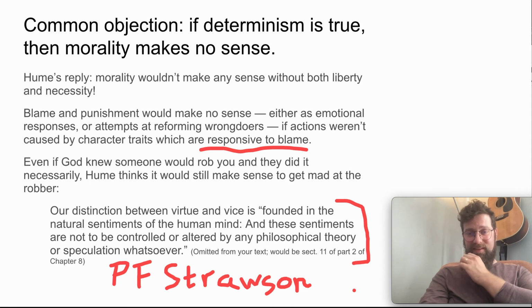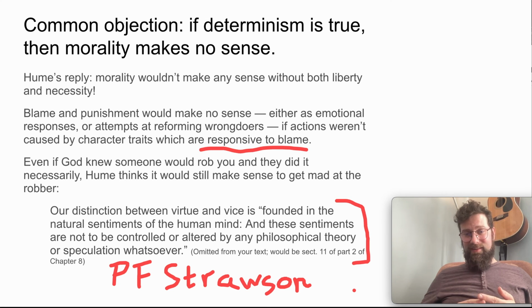It's not stated in the exact same way, but it is anticipated in the suggestion at the end of chapter 8, where Hume tells us that ultimately philosophical speculation cannot talk you in or out of praise or blame. In fact, this is just a natural response that we have to the character of others.